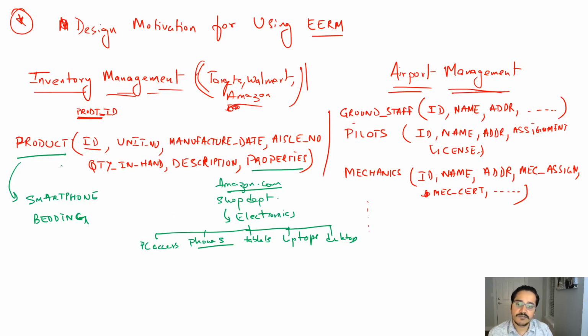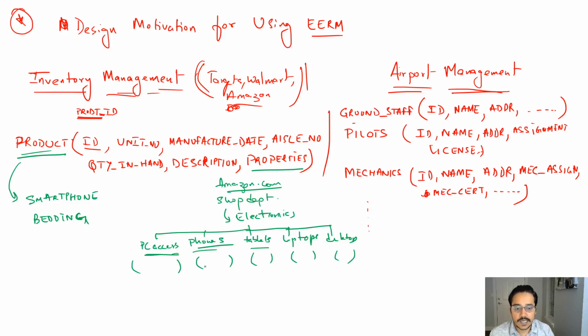So impulsively, if you have created an entity of product, then what you might realize if you go deeper into the design scenario is that each of these products may have different categories or different types of products, right? And within each of these, there could be different specific attributes that are related to only those categories of products.